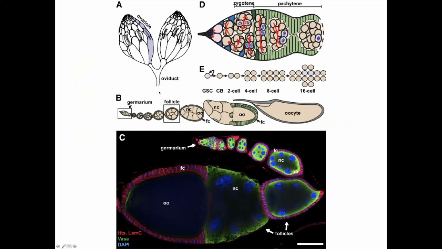This squishing through the oviduct is what actually pre-activates the egg before fertilization. Okay, so now how does the ovariole look? This is a beautiful image of this entire ovariole. And you can imagine there are lots of them, so lots of eggs.